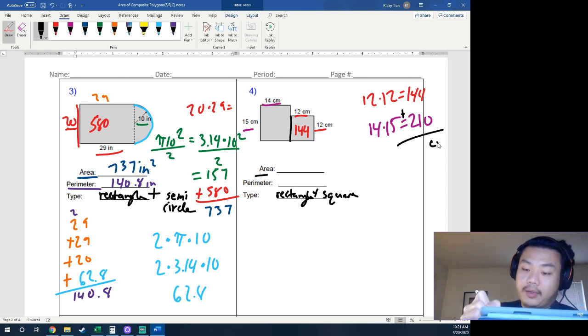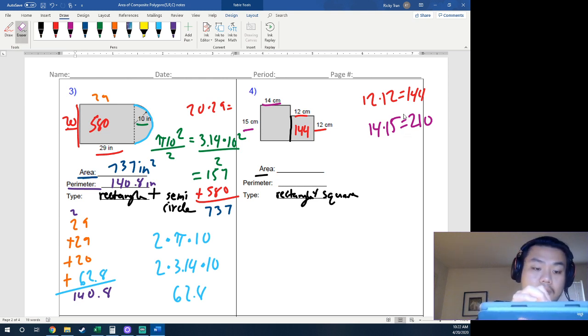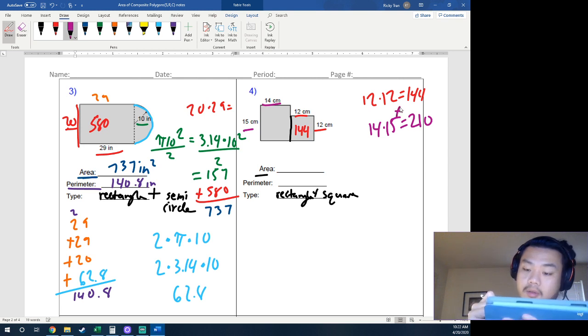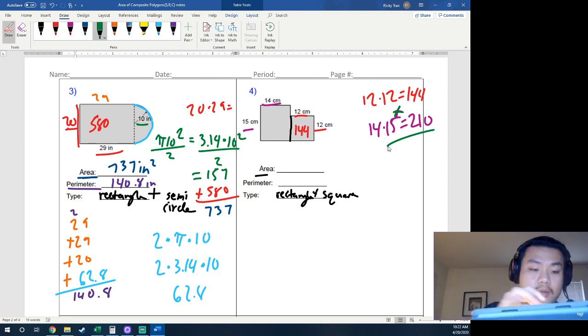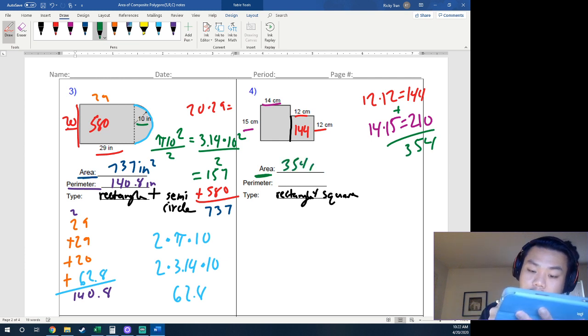We add this and we get 354 centimeters squared. Whoops.